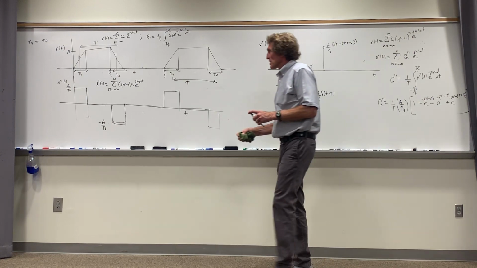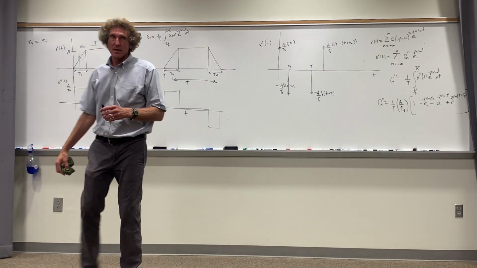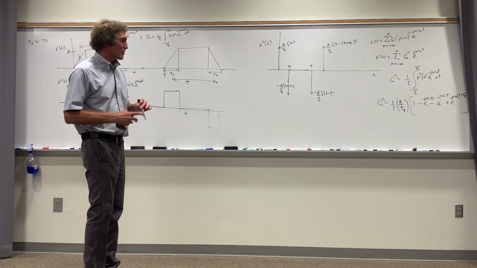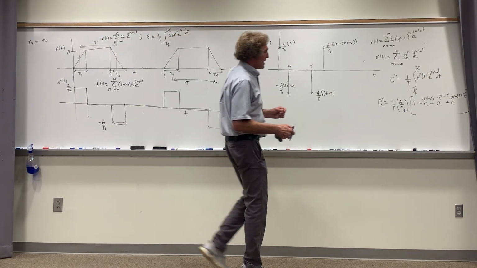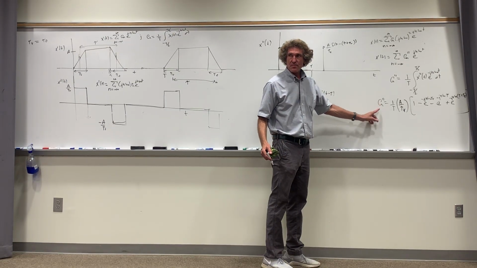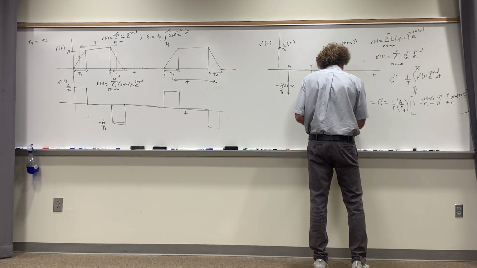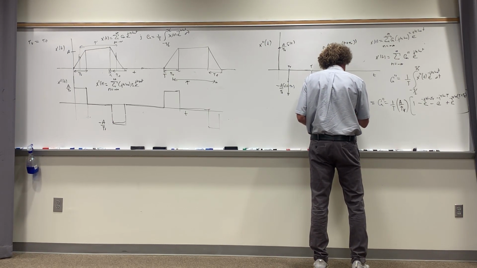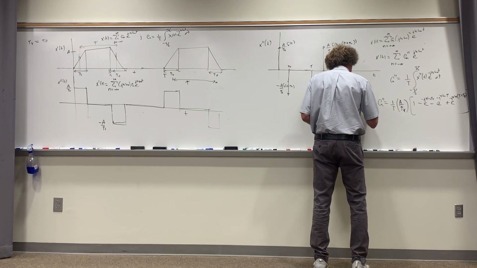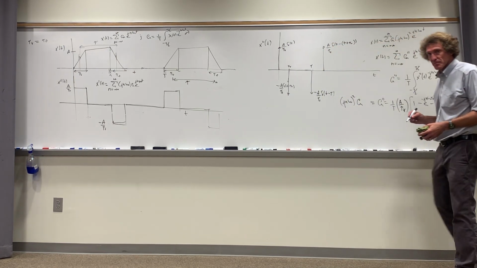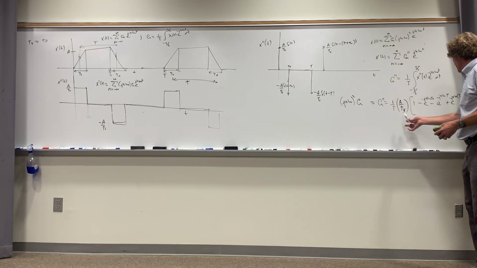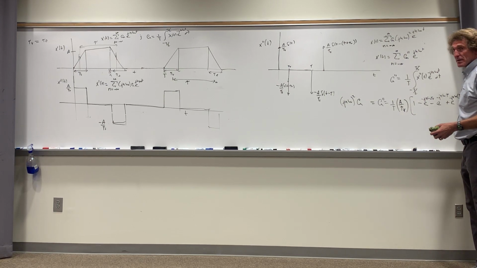Now hear me, because I'm going to erase this. I know this right here is really equal to what? J n omega naught squared times the original C of n that I wanted, isn't it, class? So I can take this stuff and divide it by J n omega naught squared.